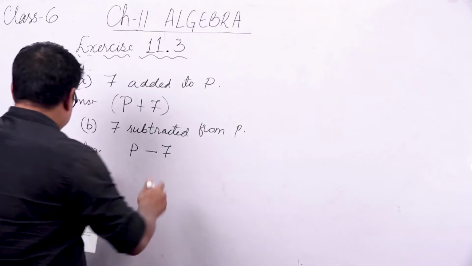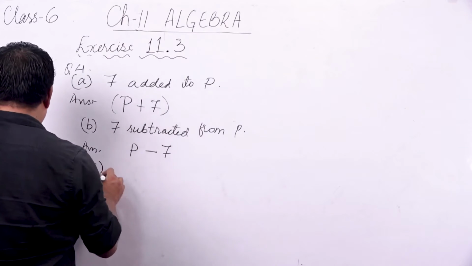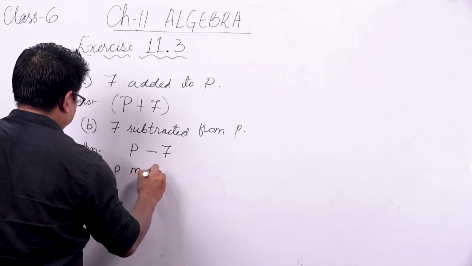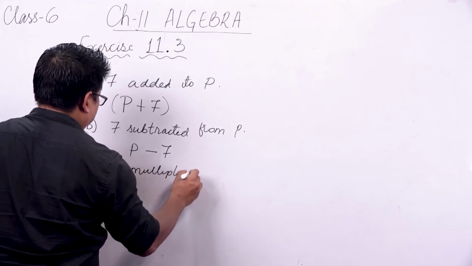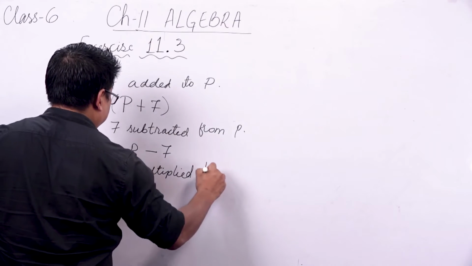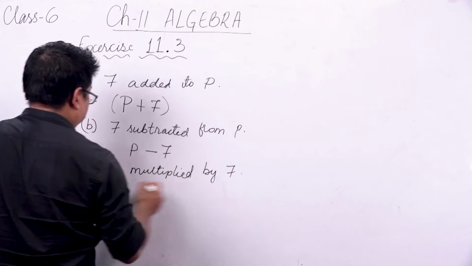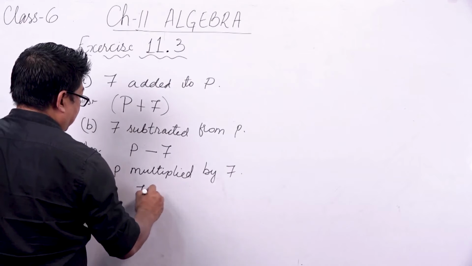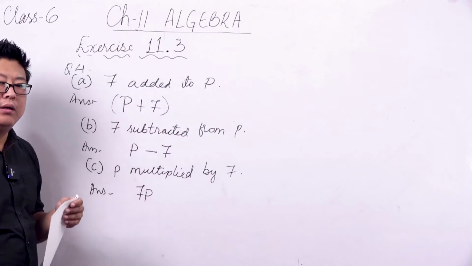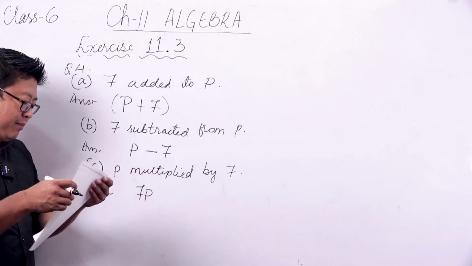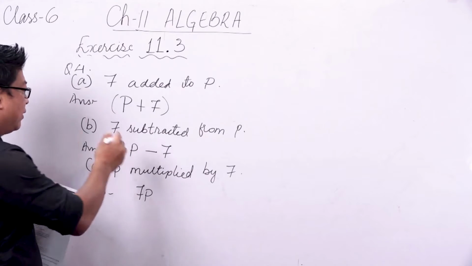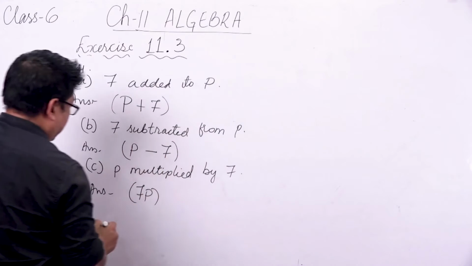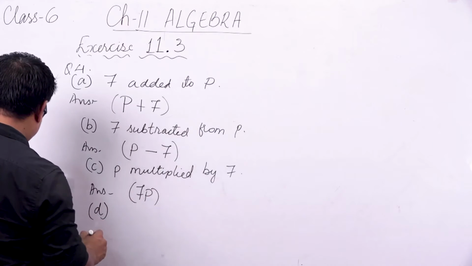Okay? If you look at C, p multiplied by 7. That means 7 is multiplied with p. Okay, 7p. 7p means 7 into p. All right? And let's do one more.